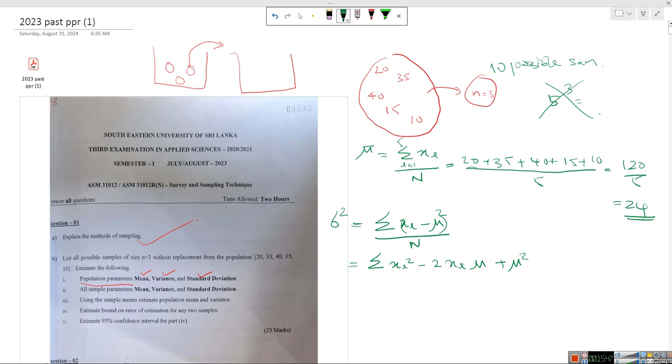I'm just going to derive a convenient equation from this, because subtracting the mean from the individual values, then squaring and adding is obviously a lot of work, right? So divided by n, it gives you summation xi squared minus 2 into summation xi mu plus mu squared, divided by n.